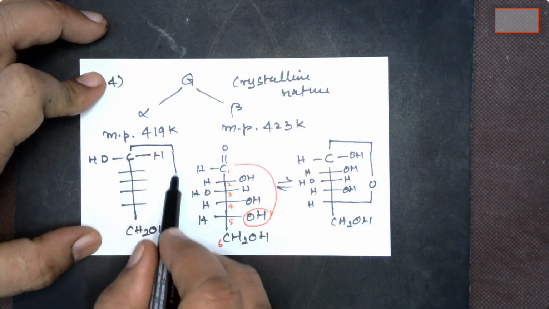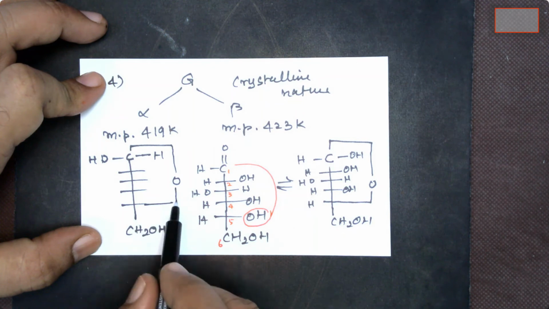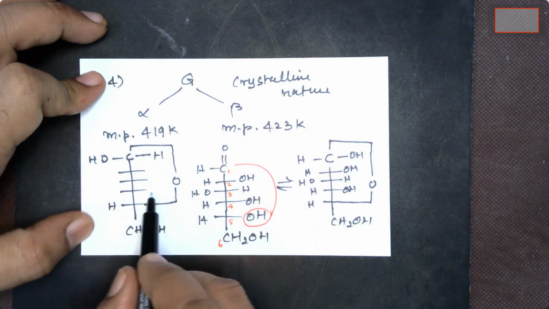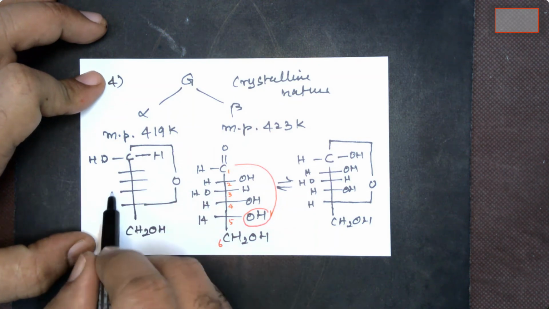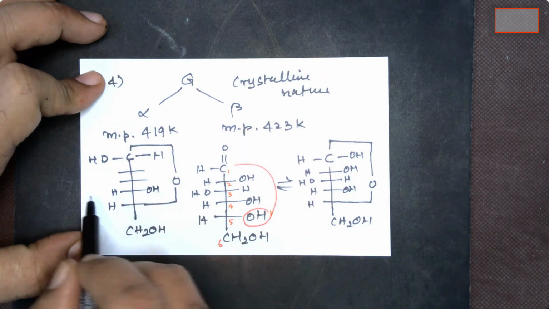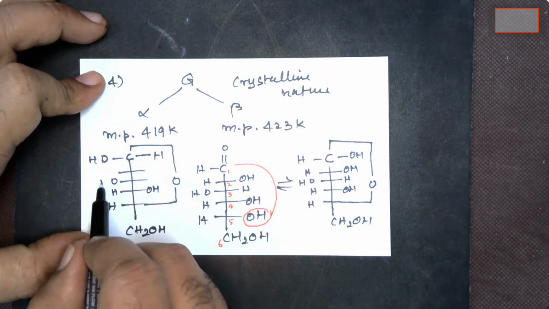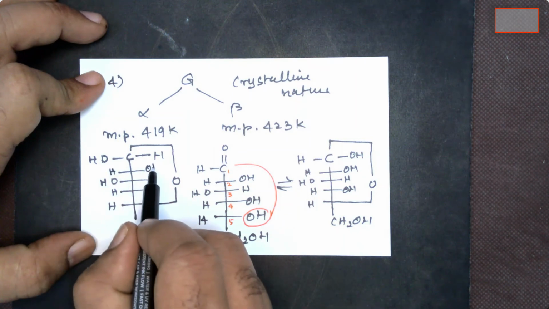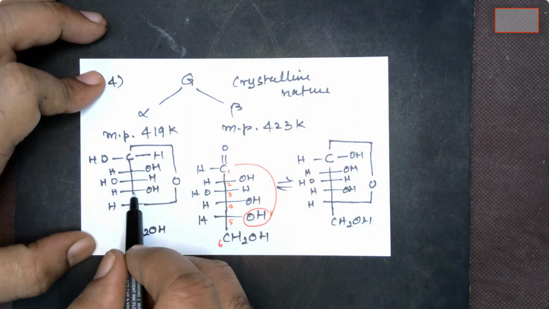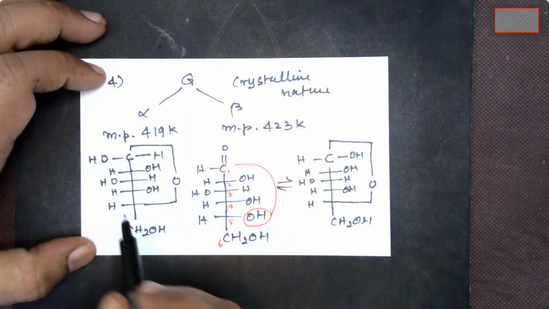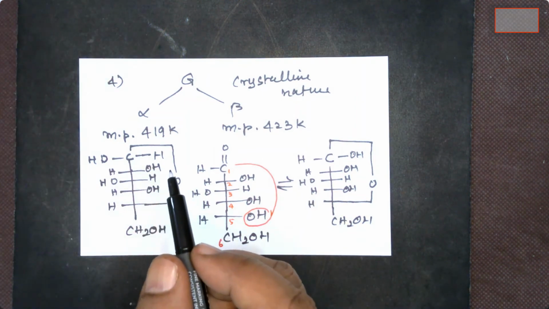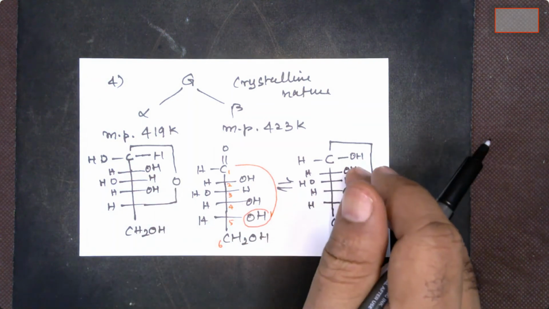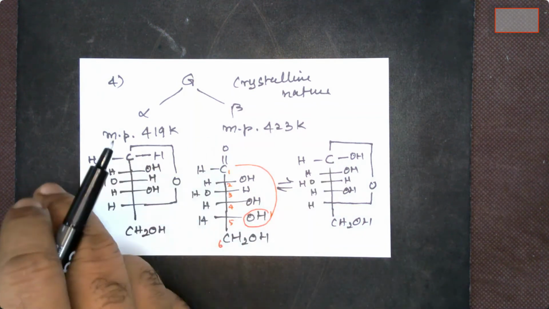Now there is a hemiacetal ring formation with the fifth carbon atom. So H, OH, and from here OH, H, and then H, OH. Got it? In this case, the OH on the right side, and here the OH on the left side.